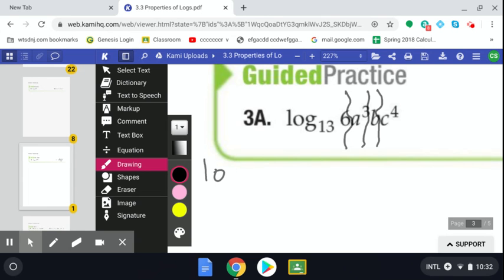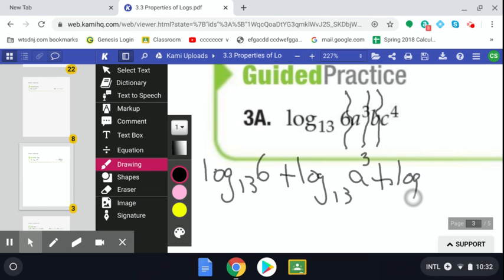So now I have log base 13 of 6. Now that multiplication is going to change to addition, but then I have to write the word log base 13 again. So plus log base 13 of a cubed, and then another multiplication, so plus log base 13 of b, and then finally plus log base 13 of c to the fourth.